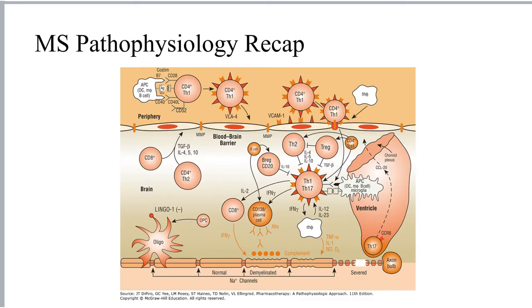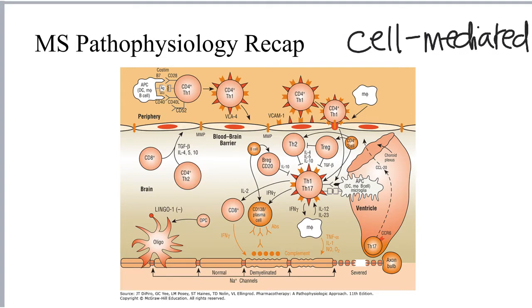Let's quickly recap the most important aspects of the pathophysiology of MS. MS is a cell-mediated immune response that involves the initial activation of CD4 positive Th1 helper T cells that then migrate and infiltrate into the CNS from the periphery.